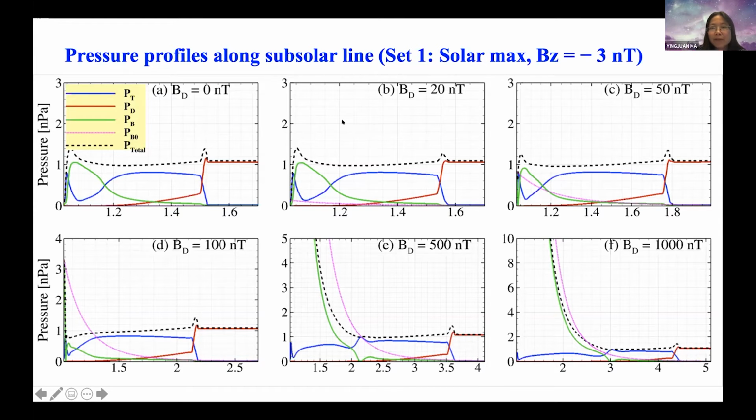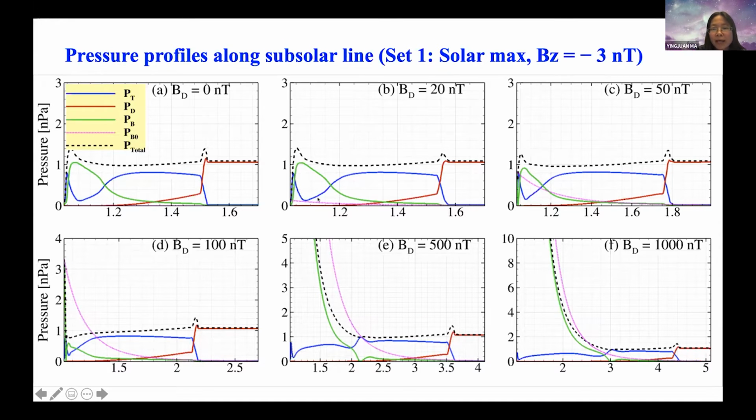There are actually 3 different pressures that play important roles in controlling the interaction process, including solar wind dynamic pressure, which is plotted in the red line here. That's the incoming force from the solar wind. And then 2 other forces, which are internal, including the ionospheric thermal pressure. This is the blue line here, close to the planet.